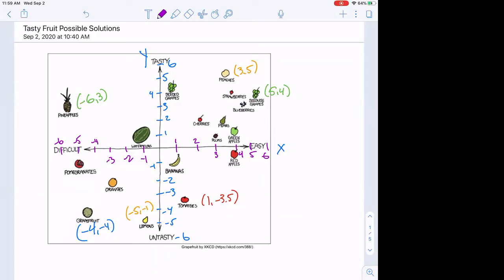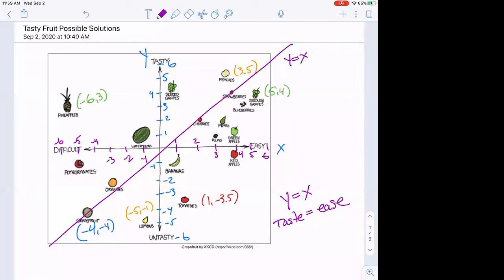If you wanted to know what are some things that people thought had equal taste value and equal ease value, that would mean, for instance, y equals x, where the taste value equals the ease value. And that would be a line, the y equals x line. So, for instance, cherries would be 2, 2.